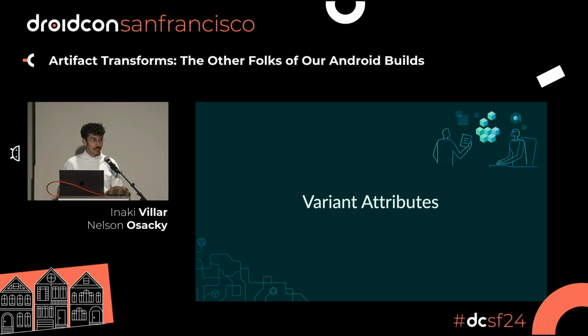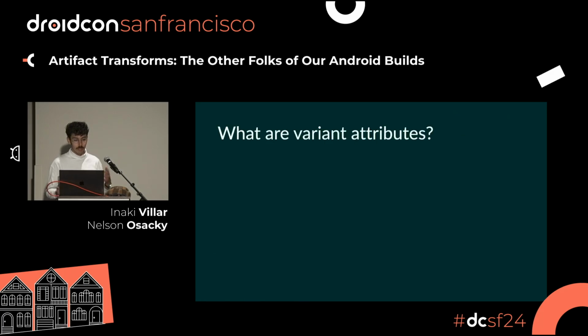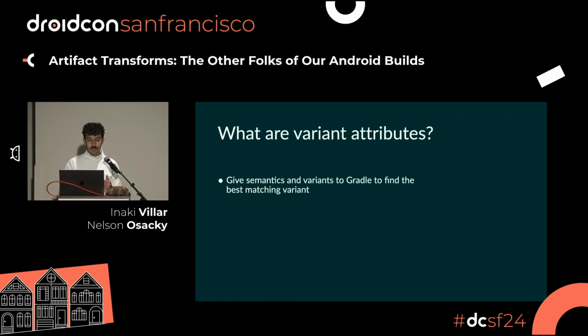So we need to explain a couple of things first before we get into transforms. First thing is variant attributes. So what are these things? They give semantics to variants so Gradle can find the best matching variant of a dependency. Let's say you have a dependency. There's a standard set of attributes that are part of that dependency, for example org.gradle.jvm.version.